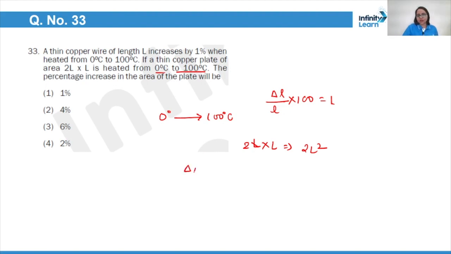So delta A upon A is equal to 2 times delta L upon L for small percentage changes, right? You can apply this one. If you multiply it by 100, you get percentage change. So it is 2 into the percentage change in length, which is 1. So it will be 2%, which is option 4.